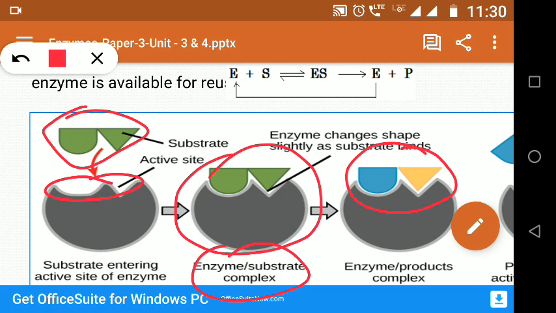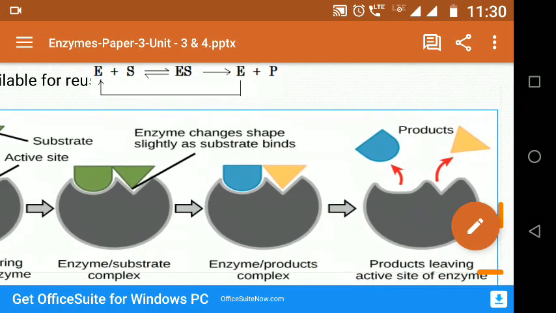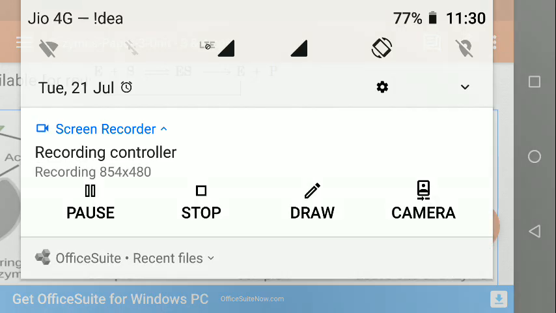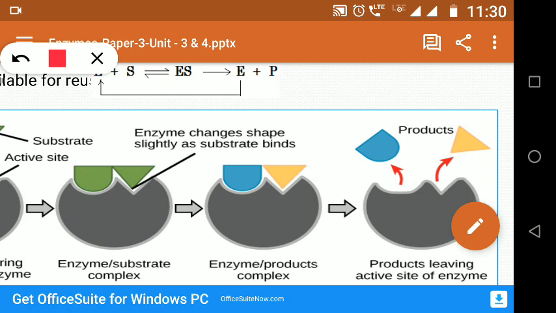Once the products are formed, the structure of the products is different from the substrate. So these products can no longer bind to the active site of the enzyme. They are easily liberated from the active site. So now we have the free enzyme and products.